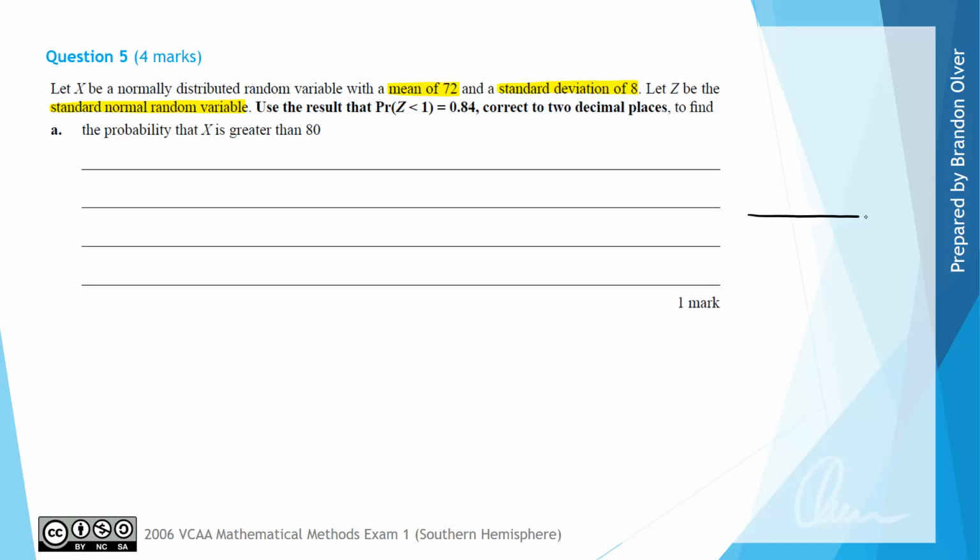Out to the side we're going to draw a couple of normal distributions. This first bell curve is x, which is normally distributed with a mean of 72 and a variance of 8 squared. We know this value here is 72, and we're asked for the probability that x is greater than 80, which is this value here.